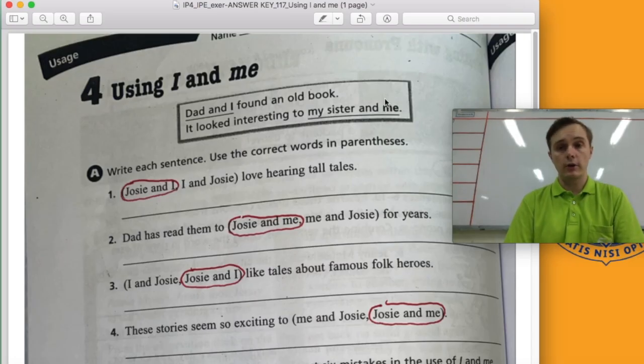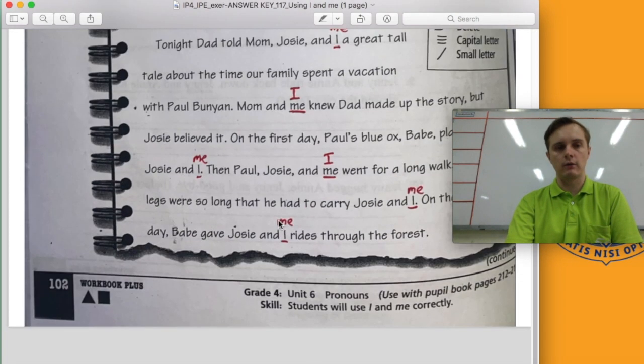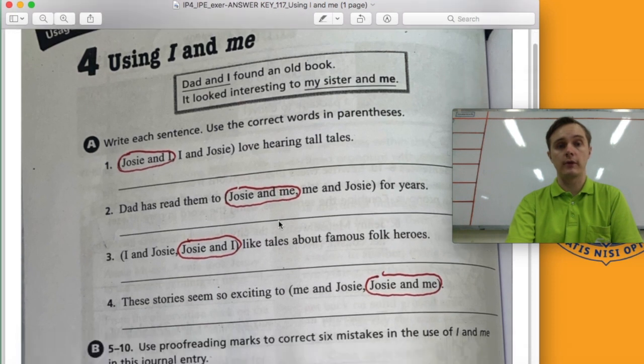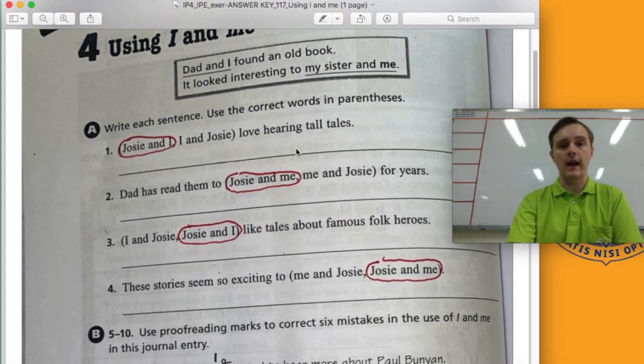Okay, so on Tuesday, we were talking about using the pronouns I and me, because people often make mistakes using those pronouns. So we had to do workbook page 102, and in section A, we need to choose the correct pair of words. So number 1, Josie and I love hearing tall tales.